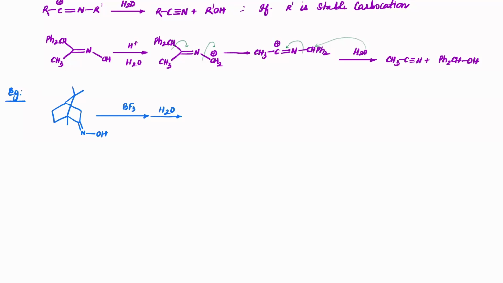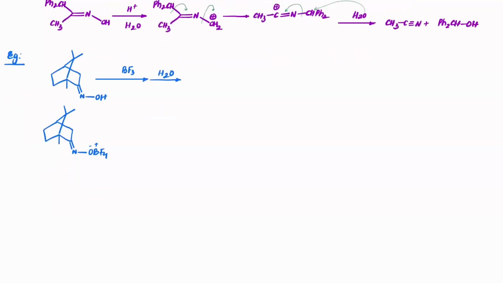So first BF3 will get attached to it. So let me just copy this part. So here we have O, BF4 minus, N plus here. Then this bond will break and convert this into a triple bond here. This bond will leave.